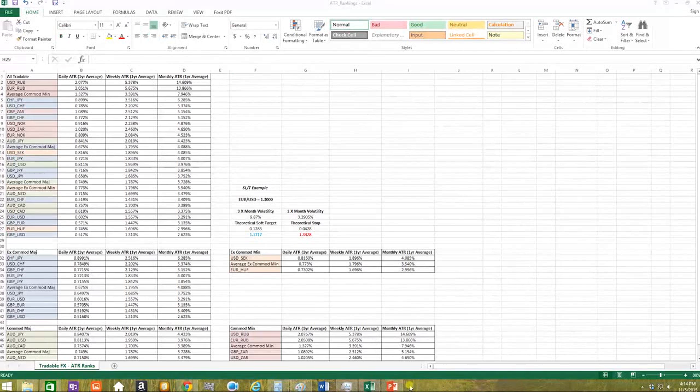So in this example with euro dollar, if you remember from earlier in the presentation, we shorted euro dollar at 130, and when euro dollar went to 121, we then added to the position by doubling the size of the position, and our average price became 125.50, and we rolled our stop loss to 124, thus guaranteeing that we make money on the trade.